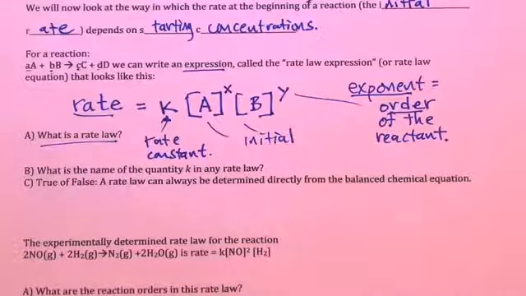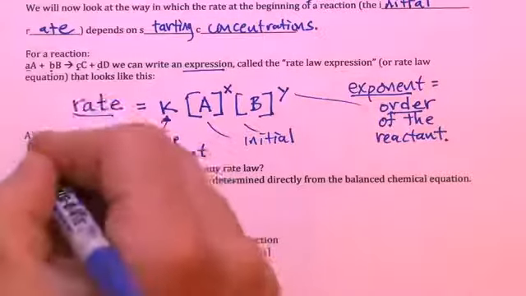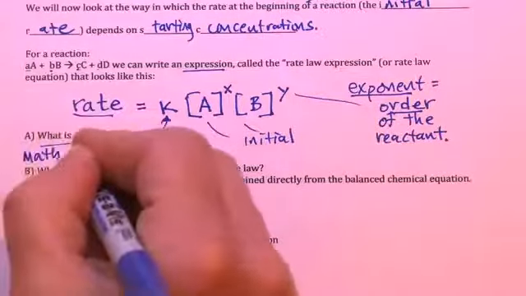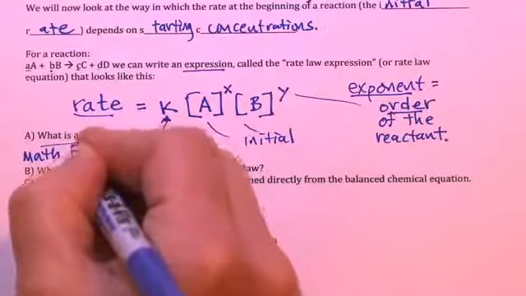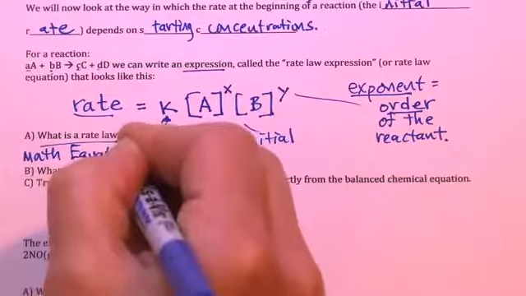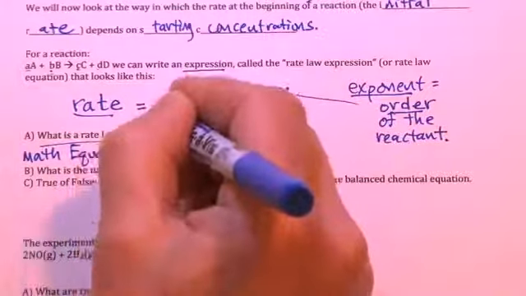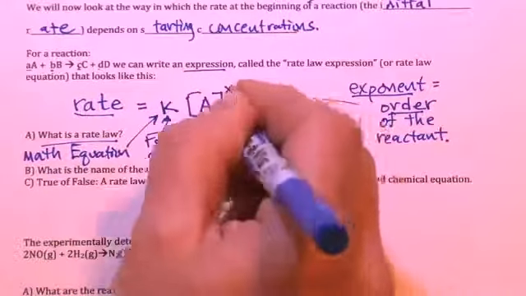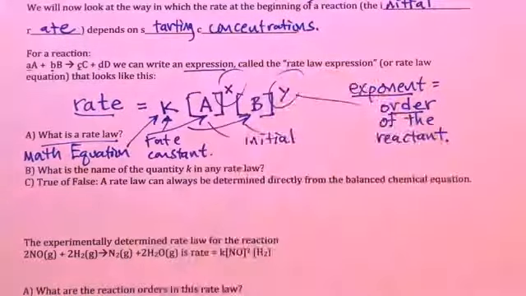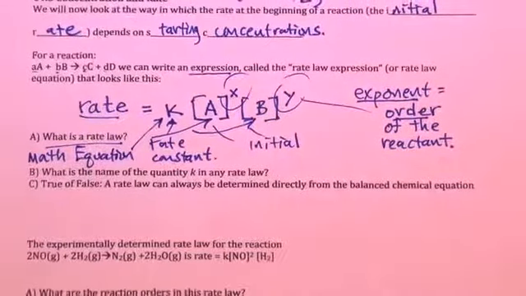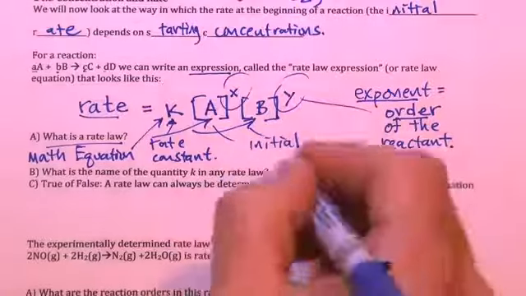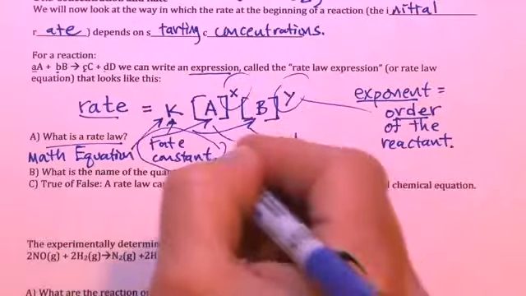So what is a rate law? Well, a rate law is a mathematical expression that relates a rate constant, concentrations, and their exponents or orders to one another. What is the name of the quantity k in any rate law? Well, I've got it written right up here. k is called the rate constant.